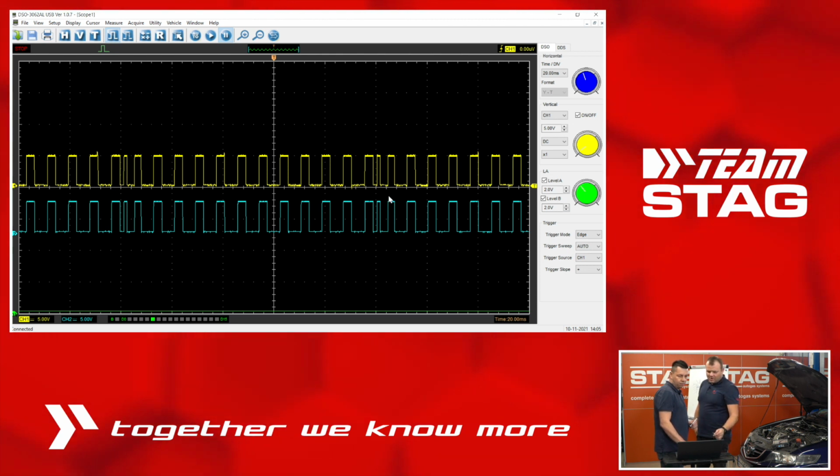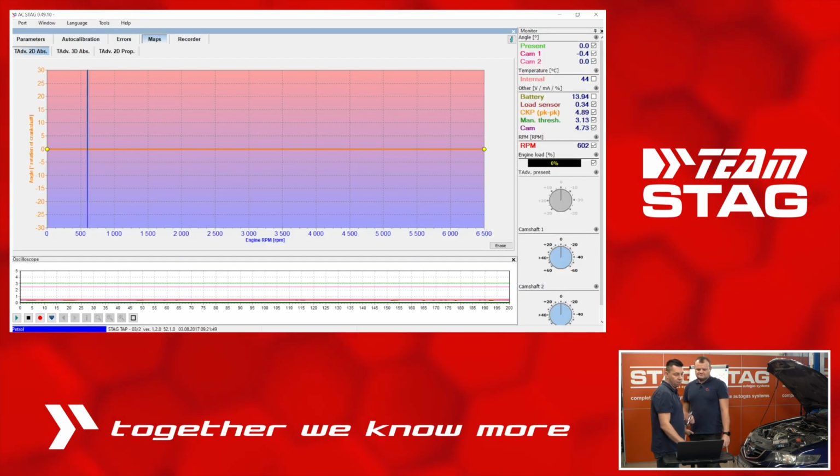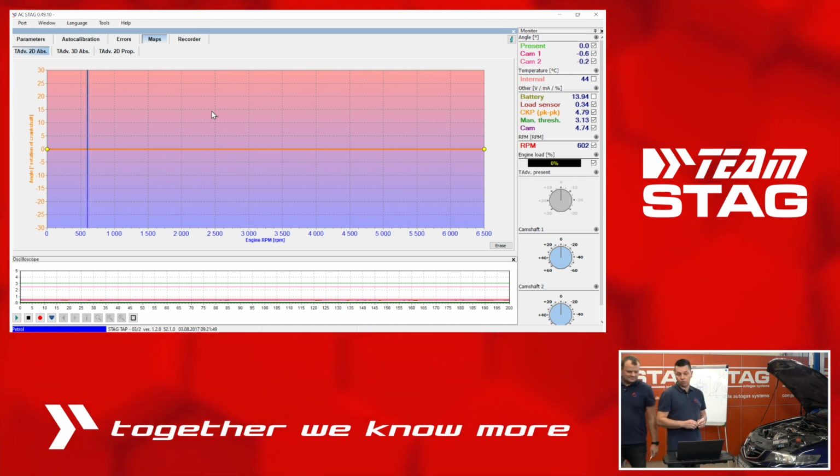And the blue one is the one which is coming out from the TAP to the petrol ECU. That's right. Right now you can check that both signals are the same. So at the entrance of the TAP and the exit of the TAP, we have the same signals, but we haven't changed anything on the map yet.